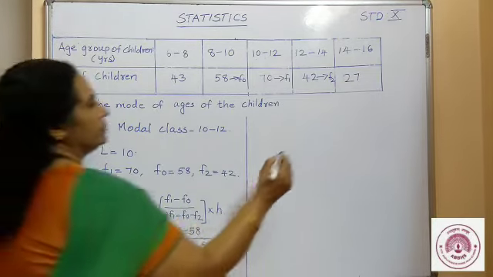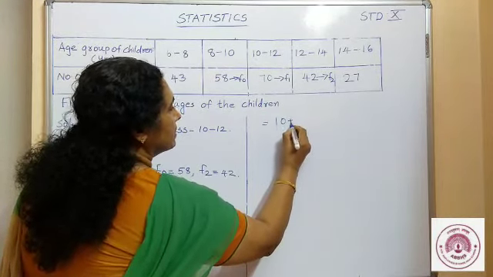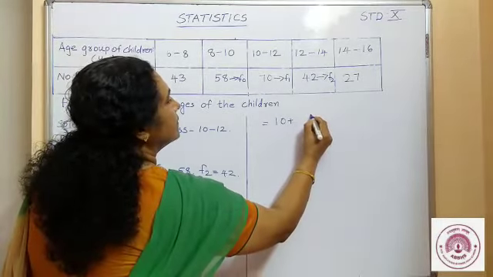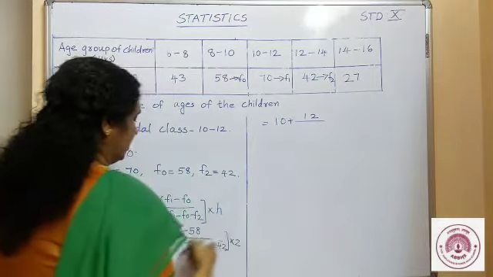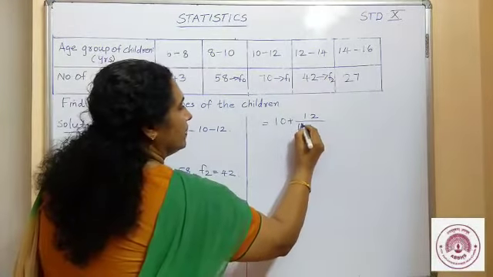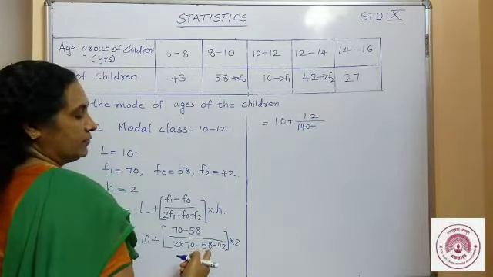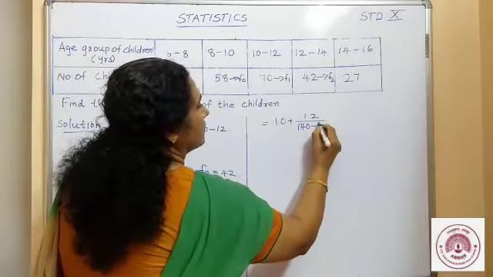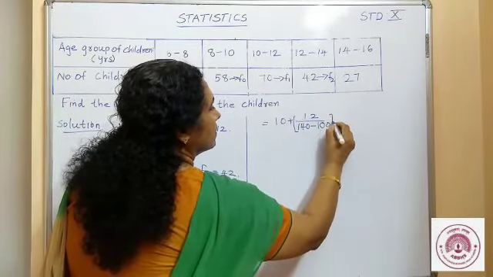This is equal to 10 plus 70 minus 58, 12, divided by 2 into 70 is 140, minus 58 minus 42, that is 100, into 2.